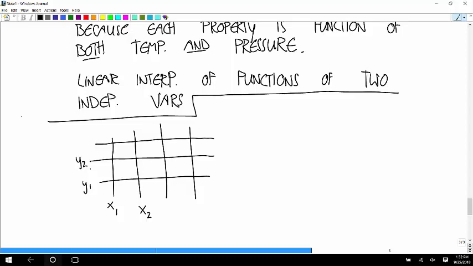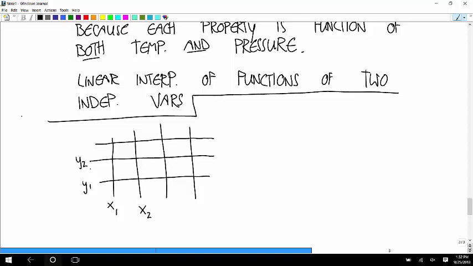Okay. So we're trying to estimate the height out of the page of this surface at some value inside this grid. If we're lucky, it falls right on the nodes where our known values from the table of x and y meet.